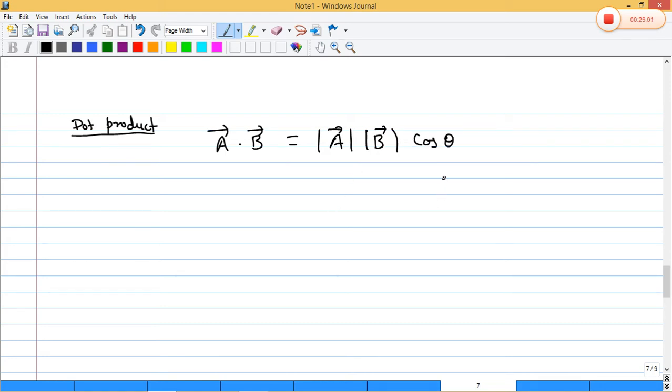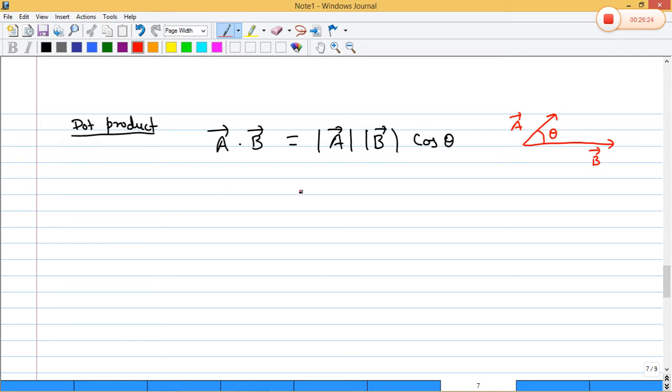Okay, so what will be the theta? If two vectors are there, this is the A vector and this is the B vector, then the angle between them is theta.